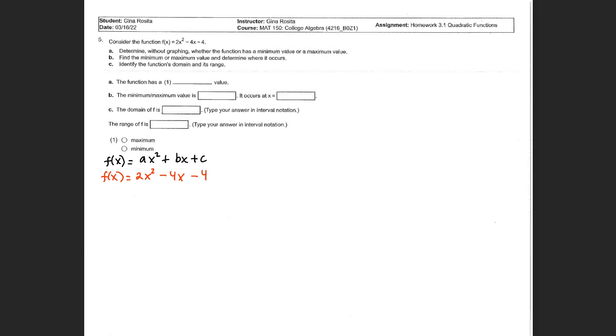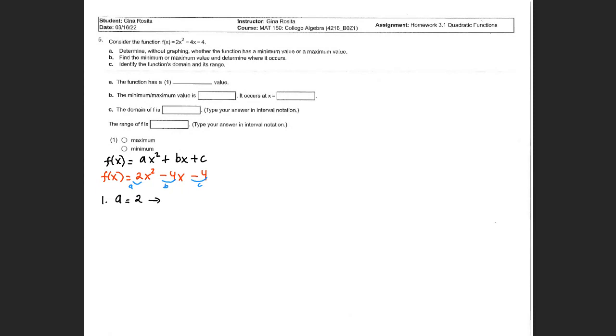To see whether the parabola opens upward or downward, look at a. This is a, this is b, this is c. So a equals 2.